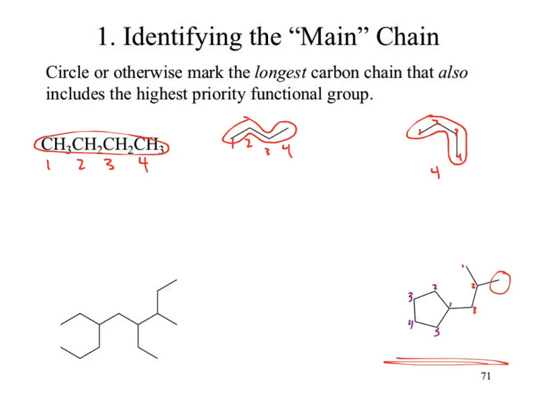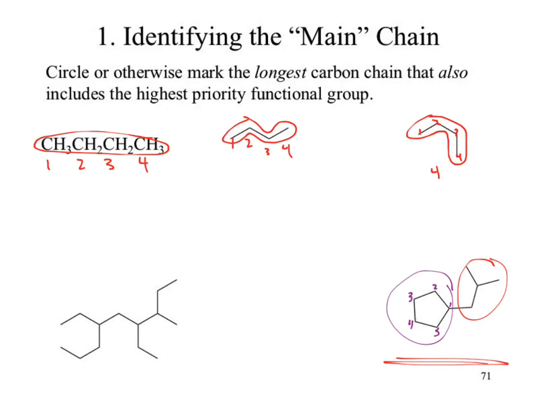Which is the longest carbon chain? The cyclostructure. So this gets numbered as 1, 2, 3, 4, 5. Purple, the red, was invalid. So the cyclostructure is my main chain. The rest is a substituent on said main chain, because the cyclostructure has more carbons than the other part.